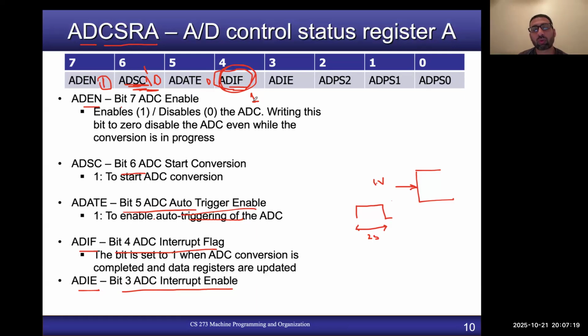So who is going to take care of that data? One option is that you continuously monitor this flag, and when it becomes 1, then you go ahead and read the value from those registers and do whatever you want to do with those values, right?